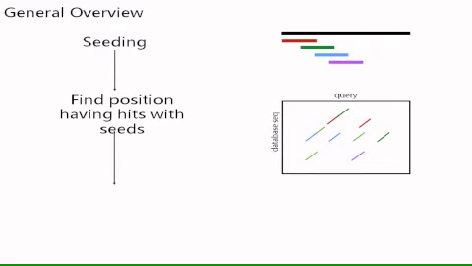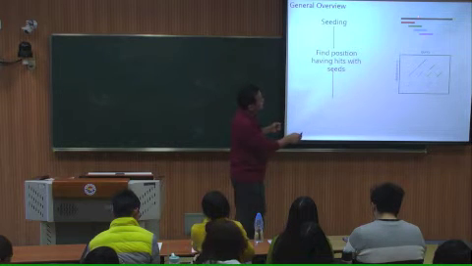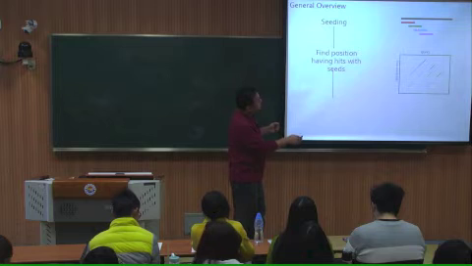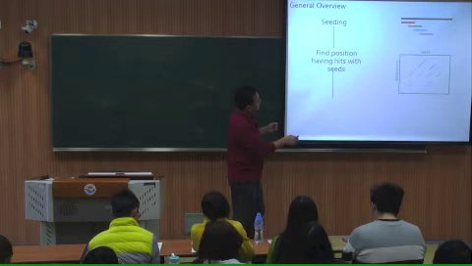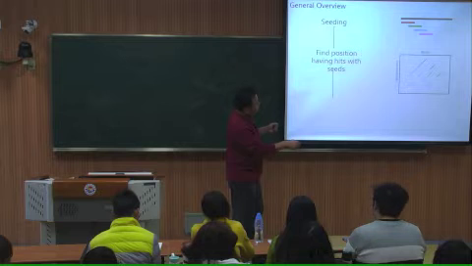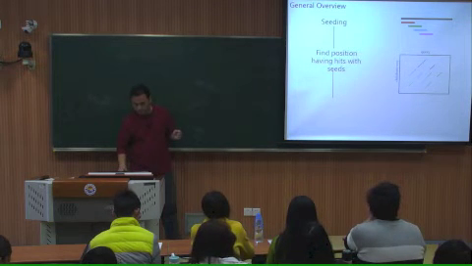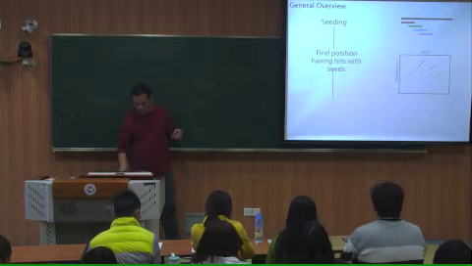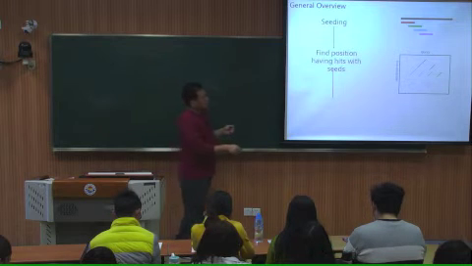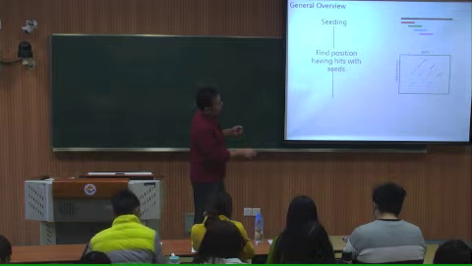Okay. So for example, here, first we cut up the query sequence, use these for seeding, and search them in the database. We find all these hits in different sequences. But some sequences have multiple hits.